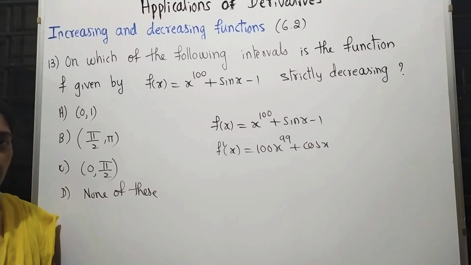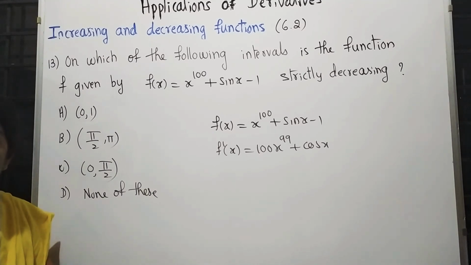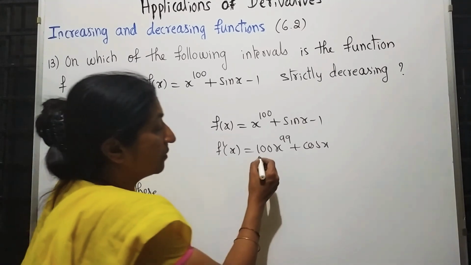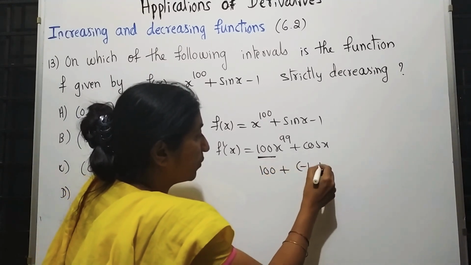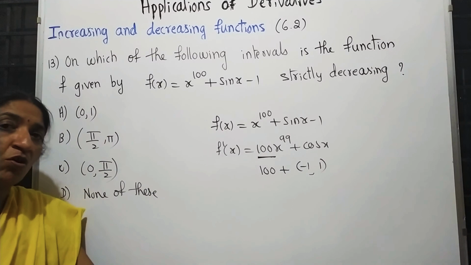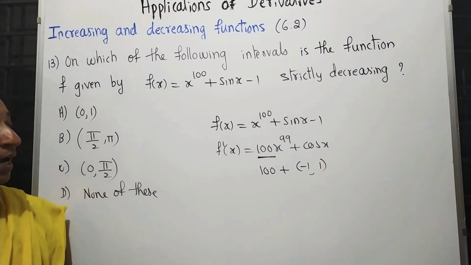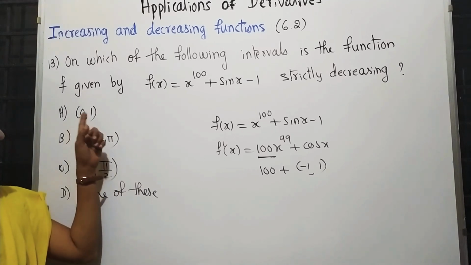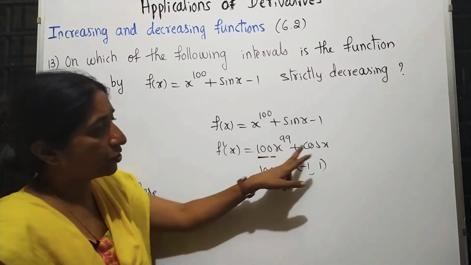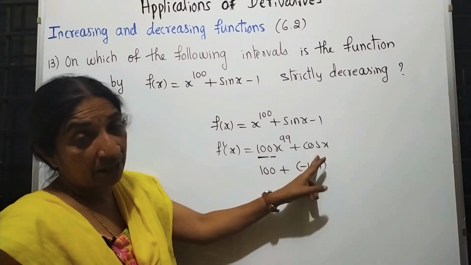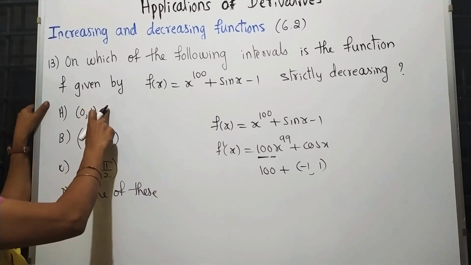Highest value is plus 1. So 100 plus a value in between minus 1 and plus 1. Obviously, it is less than 100, and we are getting the value in between 0 to 1, which means positive values. The answer is positive, but they are asking decreasing. So this is not the answer.